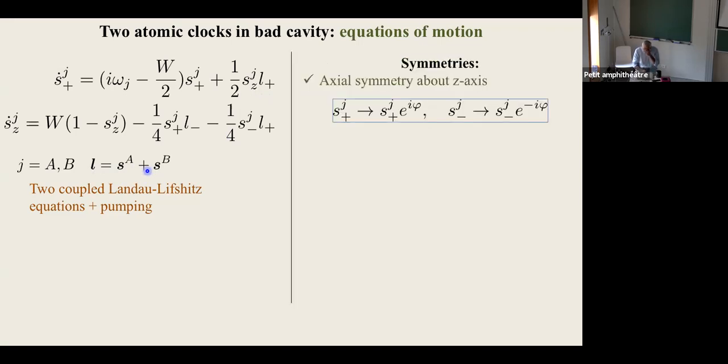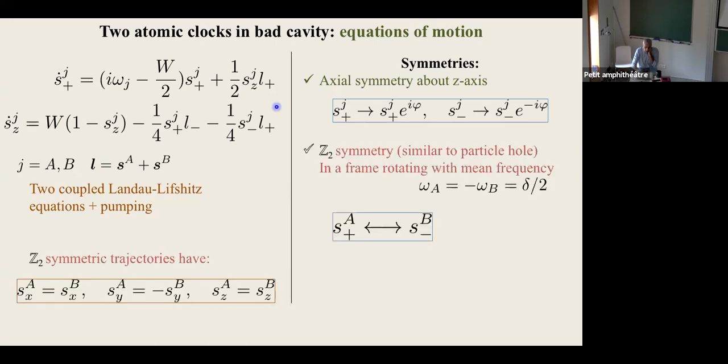So now let's identify the symmetries of these equations. So first of all, there is a symmetry with respect to rotations around the z-axis. Rotation around the axis is multiplying S plus by a constant phase factor, and you see that it will cancel from this equation and from this equation. So it's symmetric.